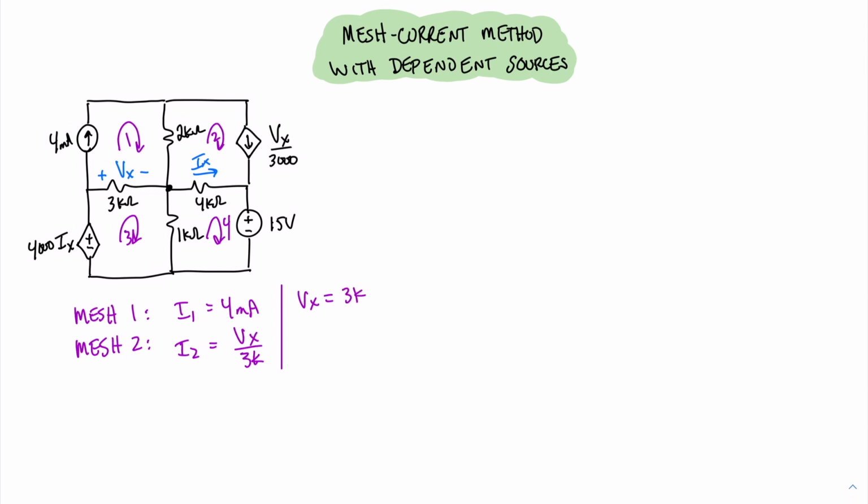So Vx = 3K times (I3 minus I1). And can we say anything about the value of Ix? Yeah, actually we can. We can say that Ix is I4 minus I2.